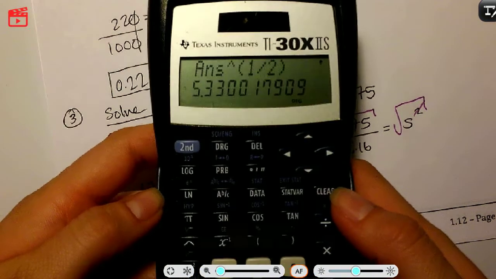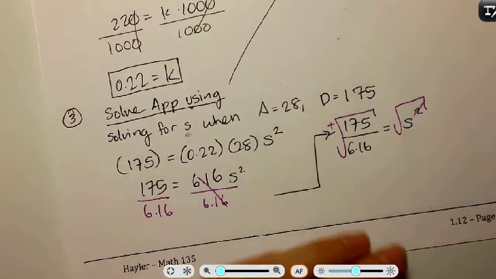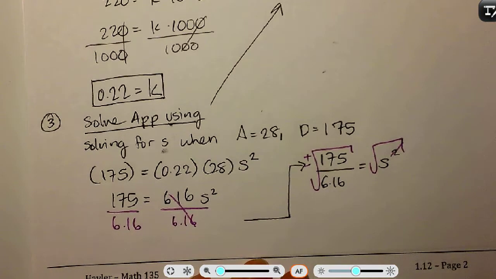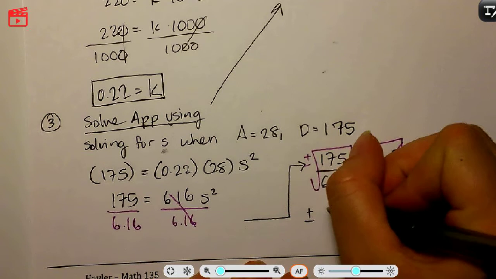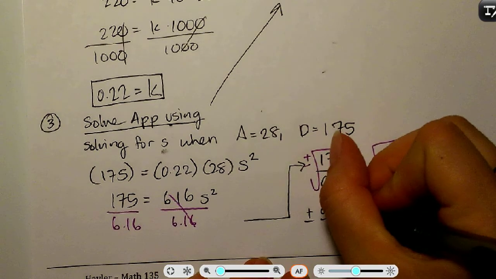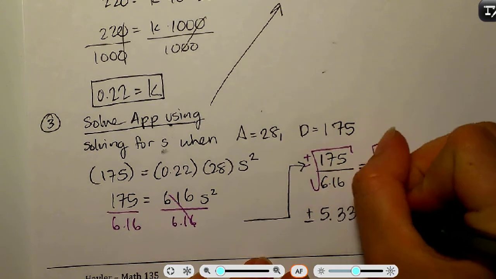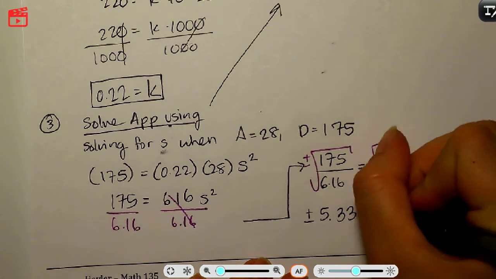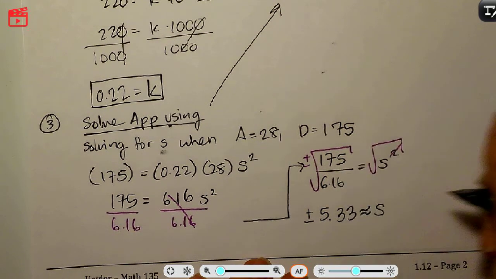What do I get? 5.33. So this is going to equal plus or minus 5.33. Now, if I don't tell you how to round, go ahead and round to the hundredths place. 5.33 equals S. I'm going to say it's about that amount.